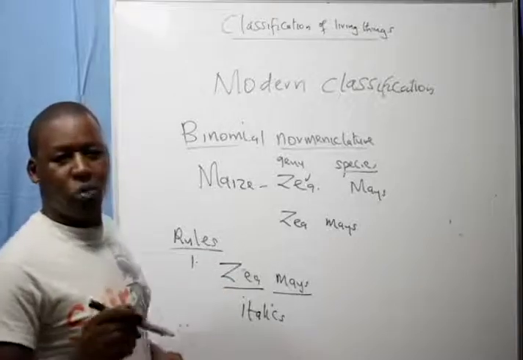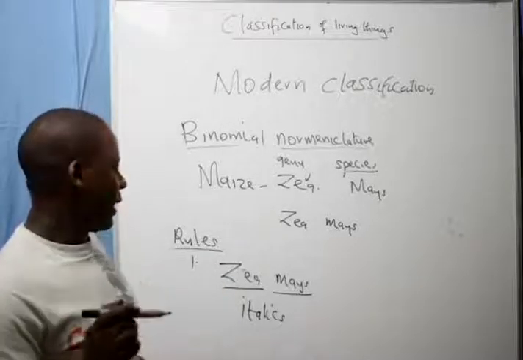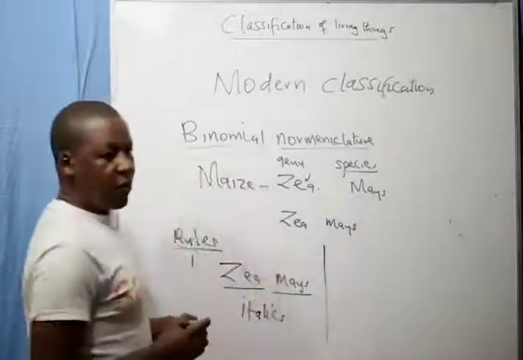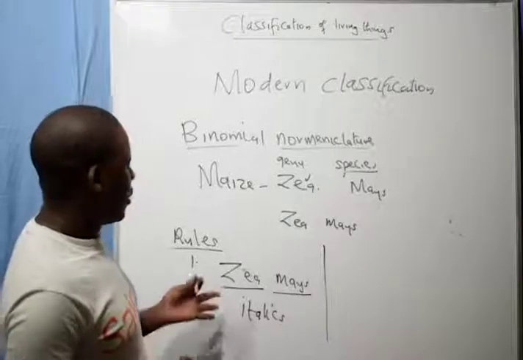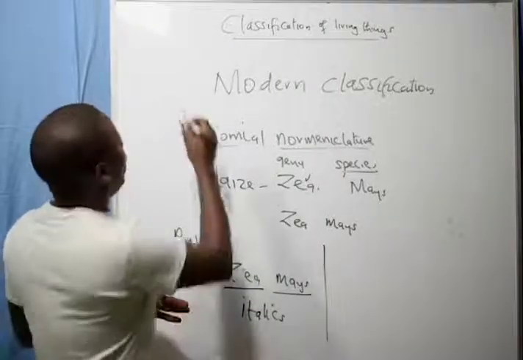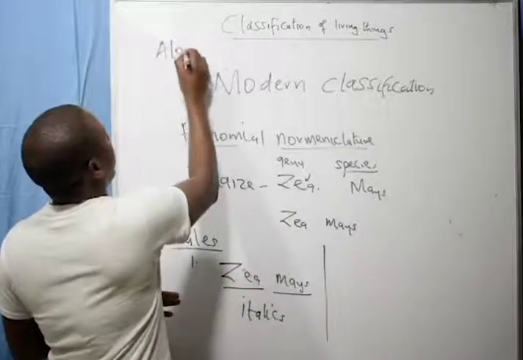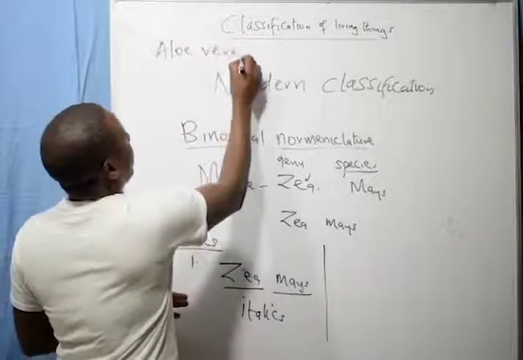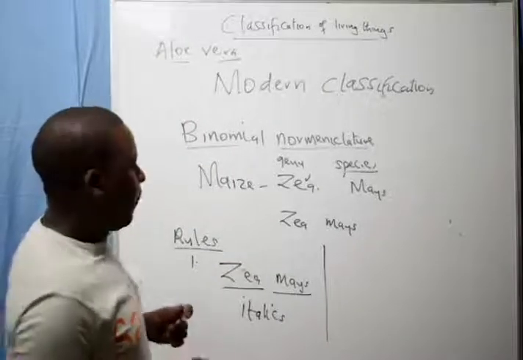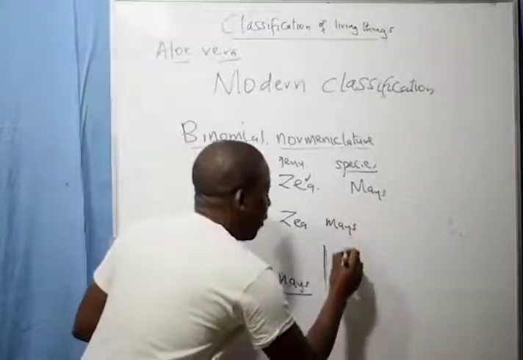The local name should be made to appear like Latin. For example, if you have a plant which looks like aloe vera, you all know aloe vera is a scientific name. They discovered a plant that looked like aloe vera.